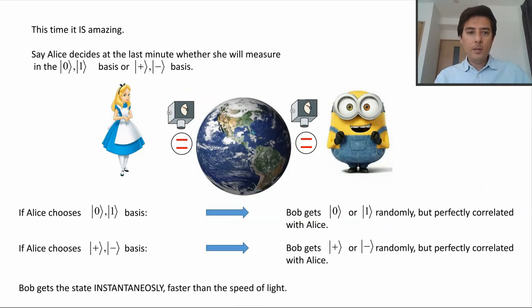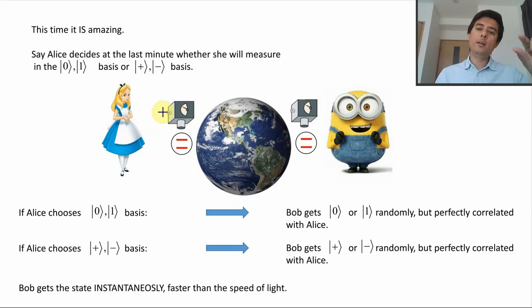The reason why this is kind of amazing is that Alice can now decide right at the last minute whether she's going to do a 0, 1 measurement or a plus-minus measurement.